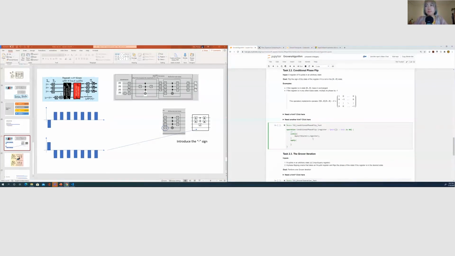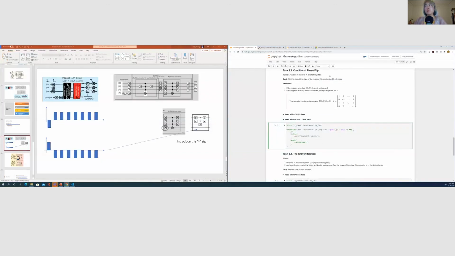Now in here, we are doing the Control Z. How do you write in the most efficient way that you want the last qubit to be your target, the rest to be controlled?